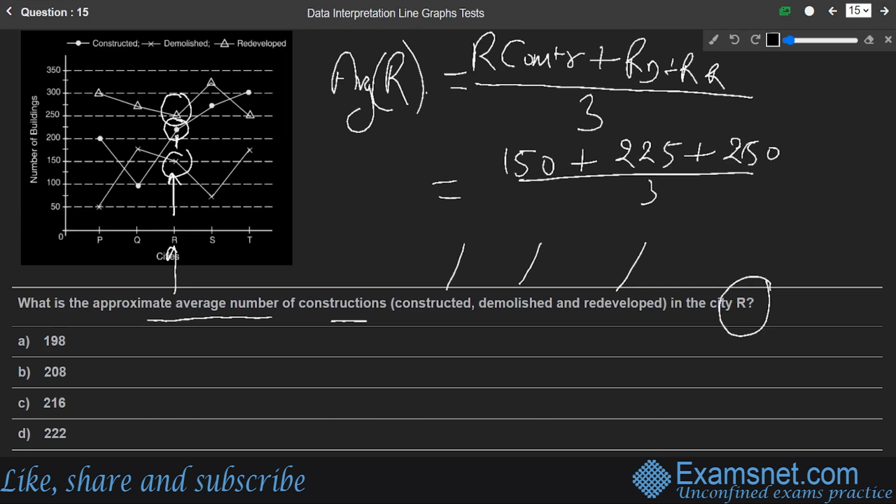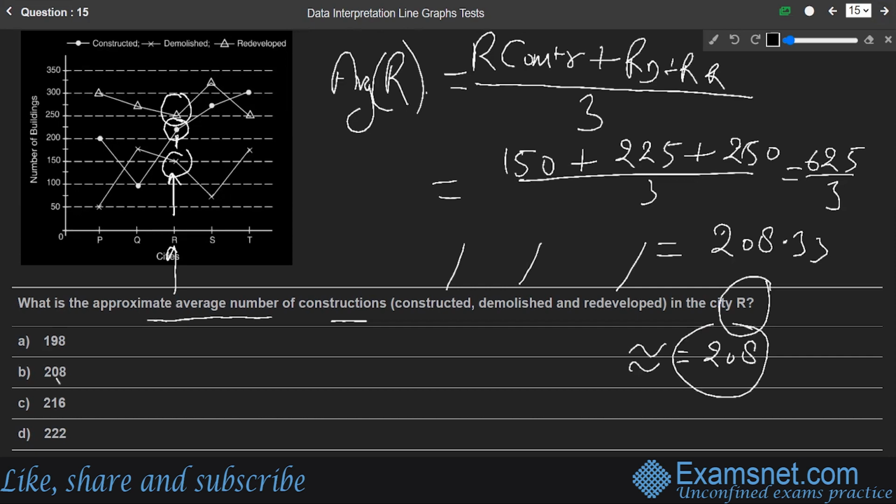If we add them together, 225 plus 150 is 375, and 375 plus 250 is 625. So this is 625 divided by 3, and if we divide it, the value comes out to be 208.33, which can be approximated as 208. Let us see where it is available. It is available in option B, so it becomes the right answer.